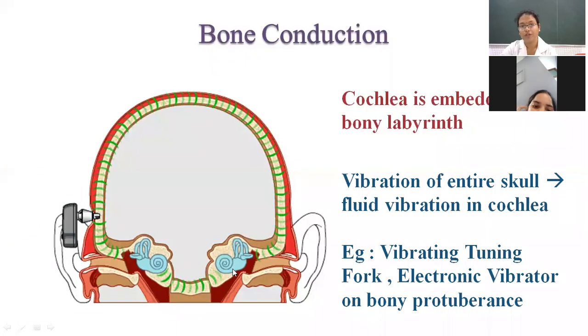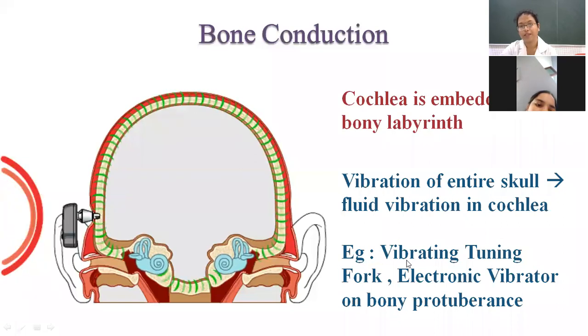For the sound to be converted into electrical energy, we have to set vibrations in the cochlea. So either it is via the tympanic membrane, ossicles and then into the cochlea, or the cochlea itself as a whole is set into vibration with the bone conductor. So either way you hear the sound.